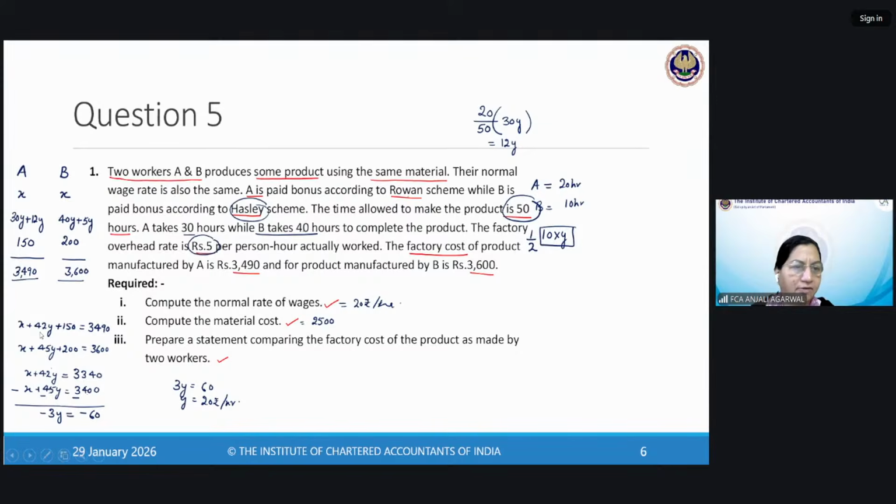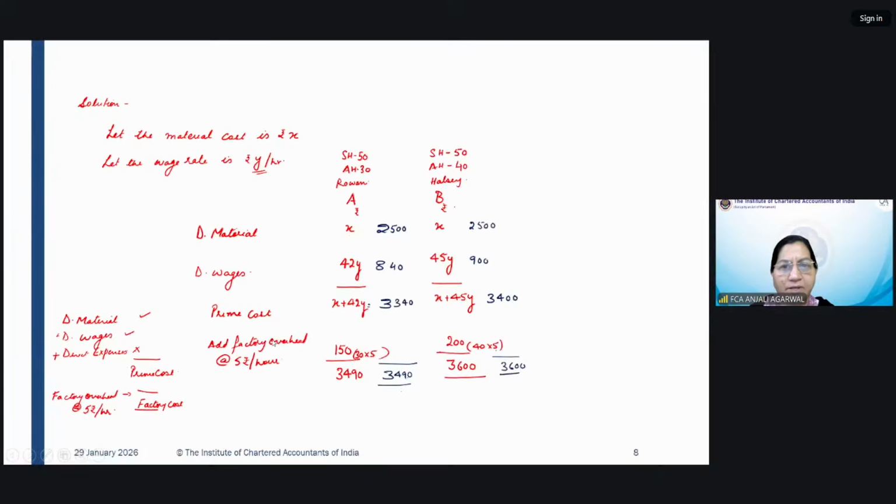When you put 20 in any of the two equations, 20 into 42 is 840. 840 plus 150, 990. When 990 is subtracted from here, x becomes 2500. So you get the raw material cost 2500, hourly rate 20 rupee per hour, and the statement of factory cost can be prepared like this: material cost plus wages, prime cost plus factory overheads is equal to factory cost 3490.